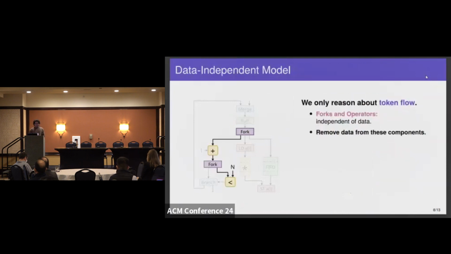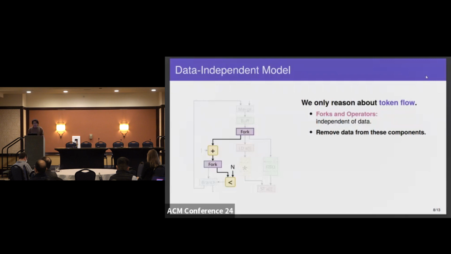An additional remark: the properties we have described in the previous two slides only reason about token flow, or only reason about the interactions between handshake signals. As a consequence, it is a good idea to consider the modeling of your circuit to be independent of data. And in fact, for many of the dataflow components, it is doable.